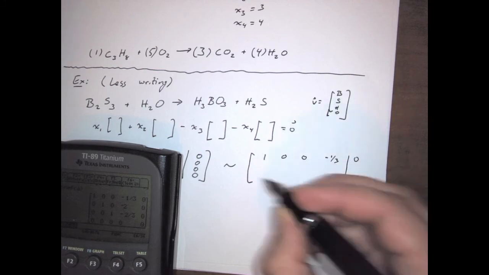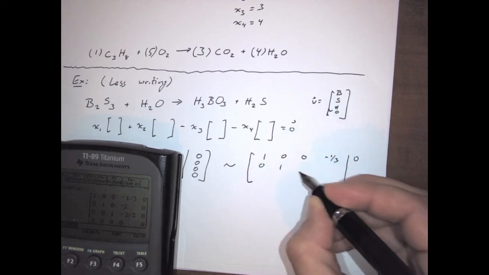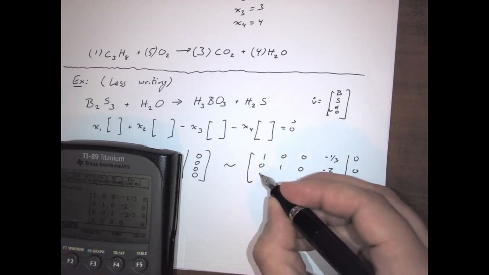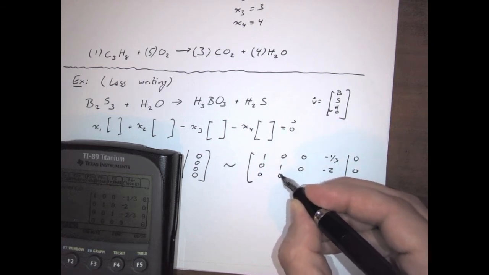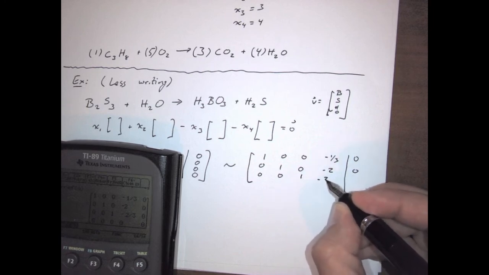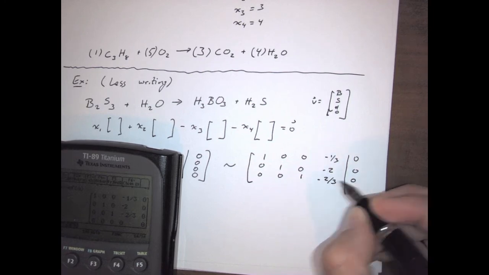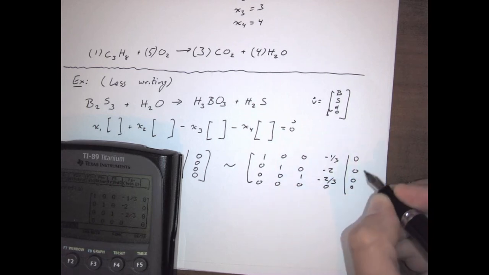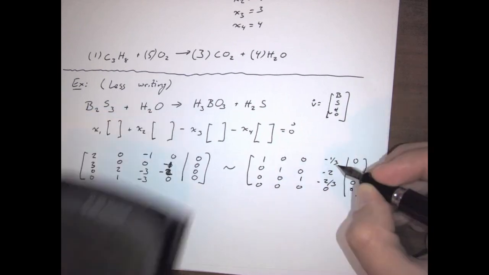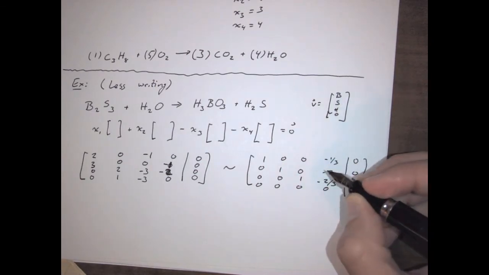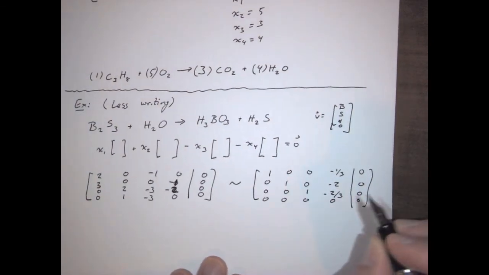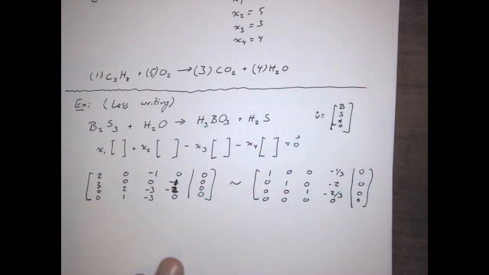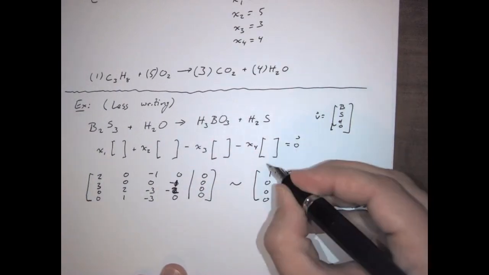Augment 0, 0, 1, 0, negative 2, 0, 0, 0, 1, negative 2/3, 0, and then 0, 0, 0, 0, 0. We'll typically get a row of zeros in these because we're typically going to end up with one free variable, and to get a free variable from what was a square over here, you need to get a row of zeros.